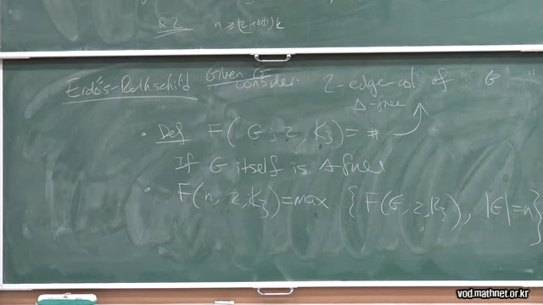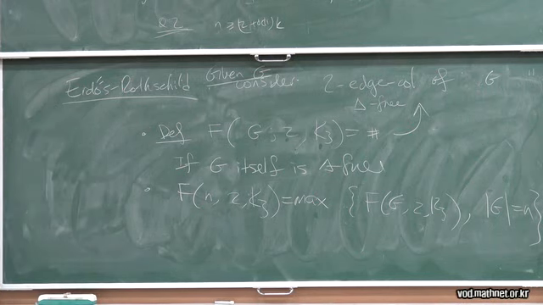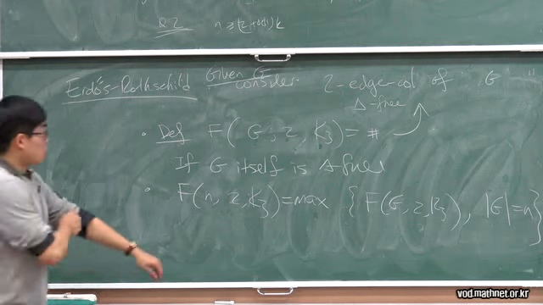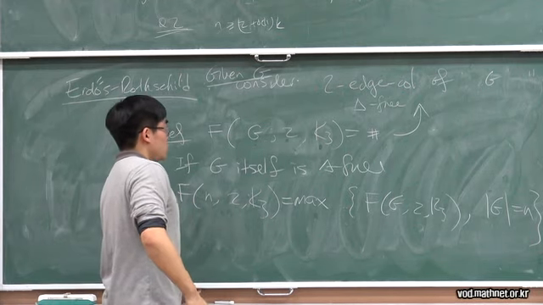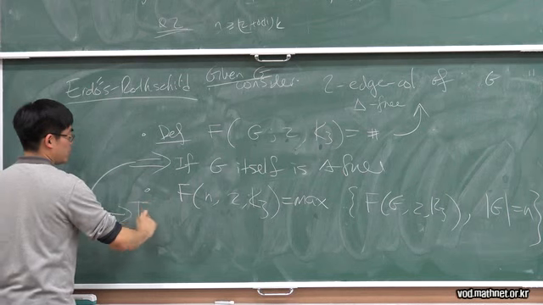So you maximize over all n-vertex graphs. Is the definition clear?